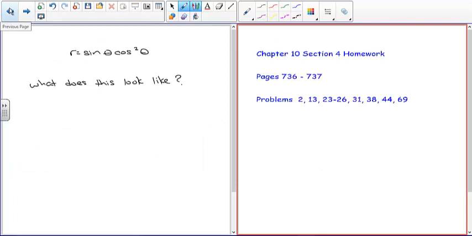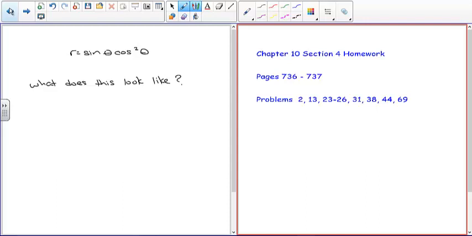Here's some homework for section 4, and this is due tomorrow because we're running out of time. What we've learned is how to convert from rectangular coordinates to polar coordinates when we're talking about the actual coordinates, and also from polar coordinates to rectangular coordinates.